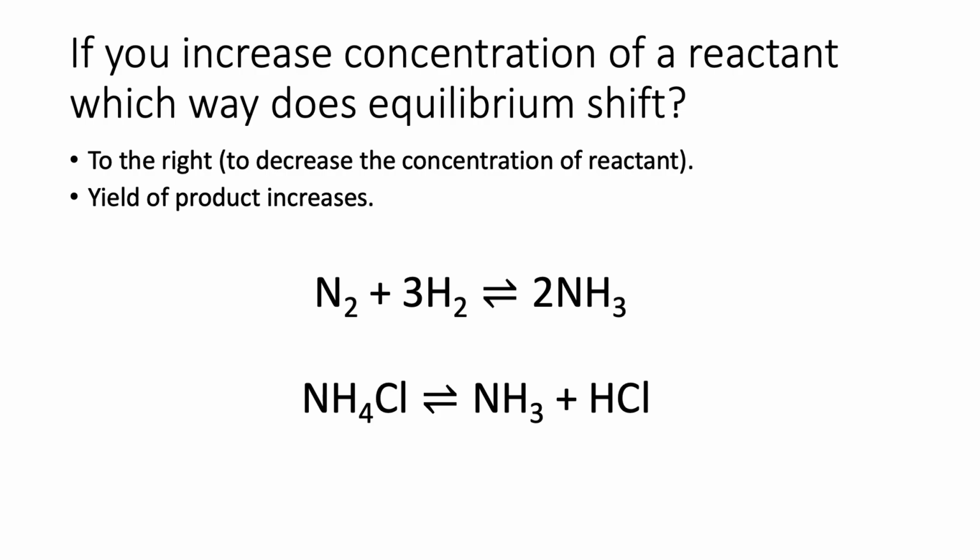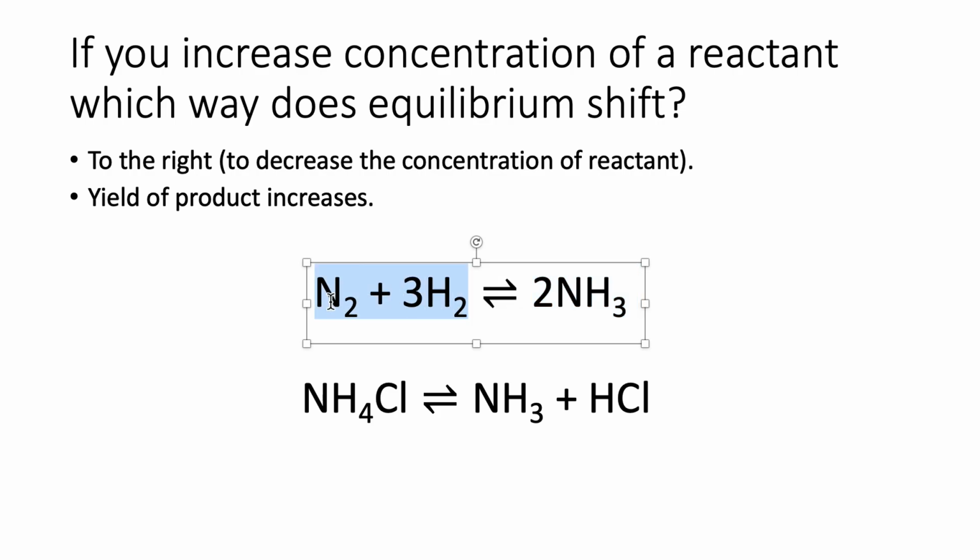The final thing you need to know about for this is if you increase concentration of a reactant, which way does the equilibrium shift? So same examples of equations we looked at before. If I'm increasing the concentration, so I'm putting more nitrogen and hydrogen in, it will shift to the right and it will increase my concentration of product, and I will have a higher yield of product.